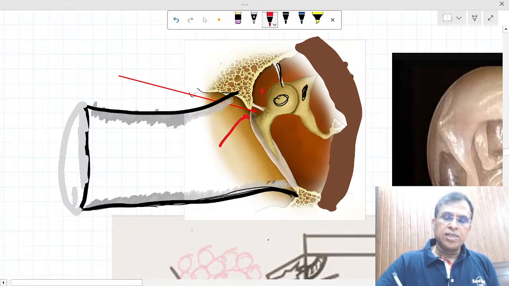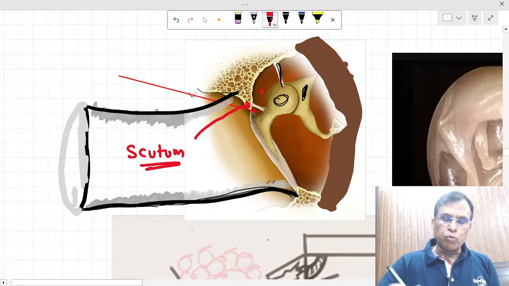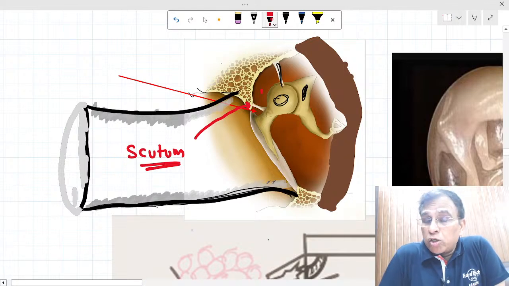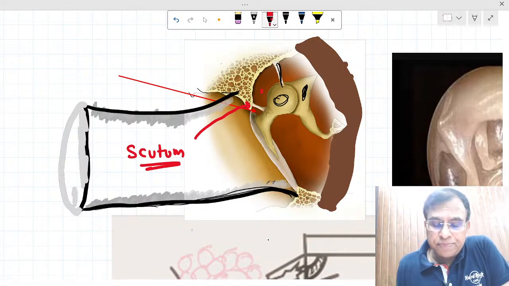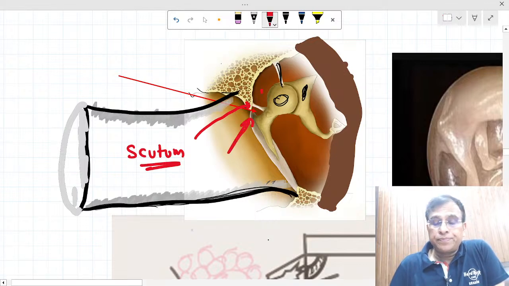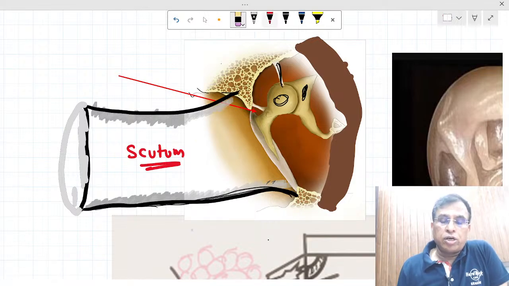What is this? This is the pars flaccida, and this bone above the pars flaccida is the scutum. This is the scutum, which is also on the outer wall boundary of the Prussak space. Remember, the outer wall of the Prussak space is the pars flaccida, which is this one, and the scutum. And this space is the most common site of cholesteatoma.